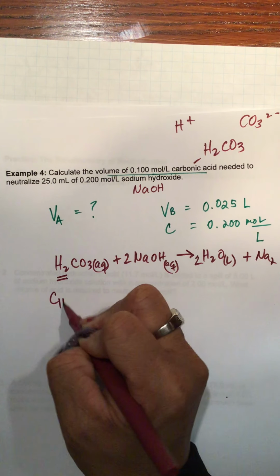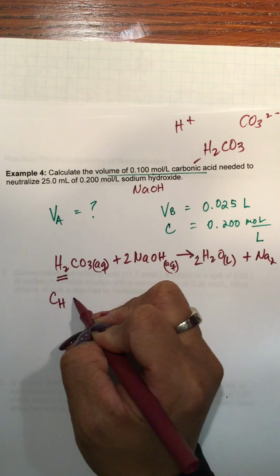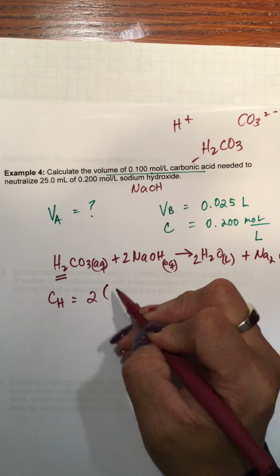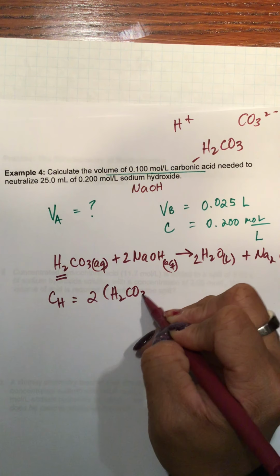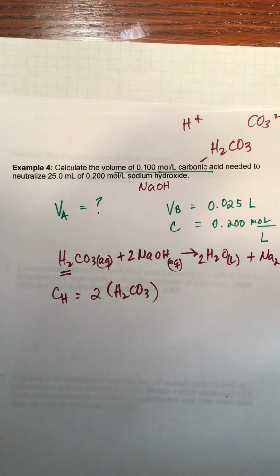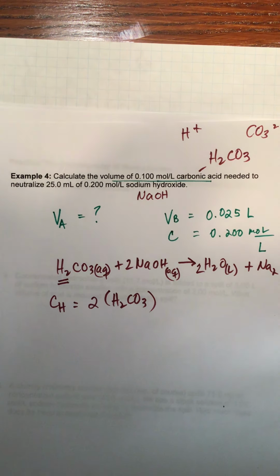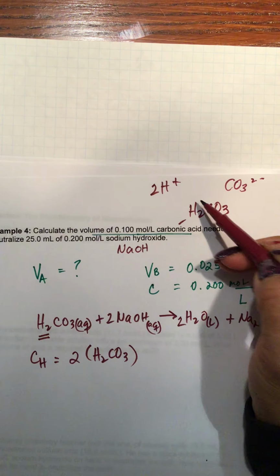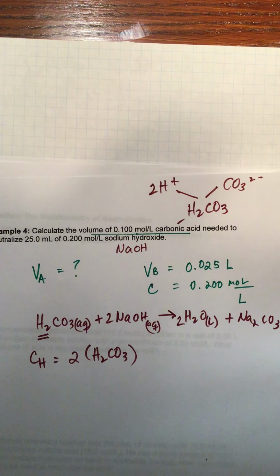The concentration of the acid is double that of the H2CO3, because when you dissociate carbonic acid, you produce 2 hydride for every 1 carbonate ion.